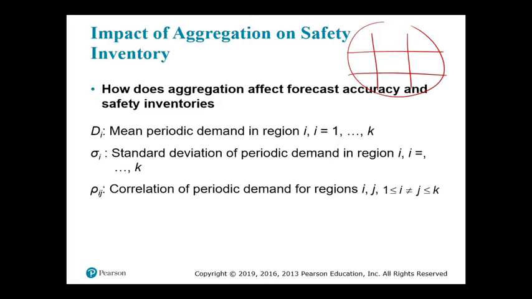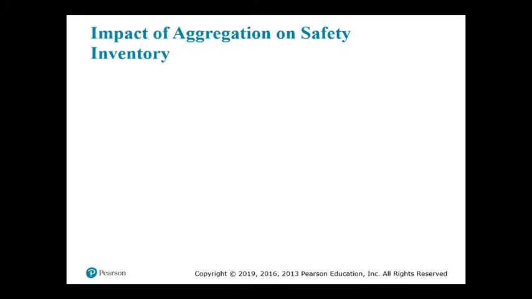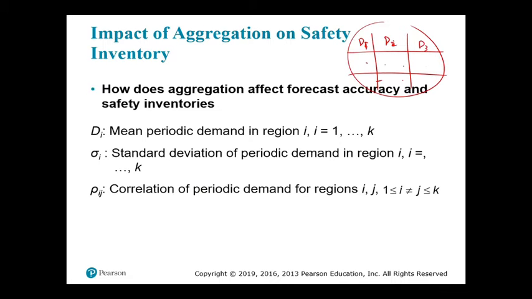Right, so let's say we're a retailer. In each region we face a certain demand, D1, D2, D3, and so on and so forth. And these demands are random variables. We don't know them for sure.